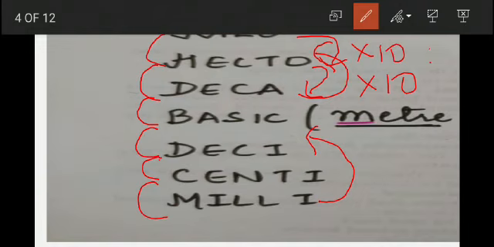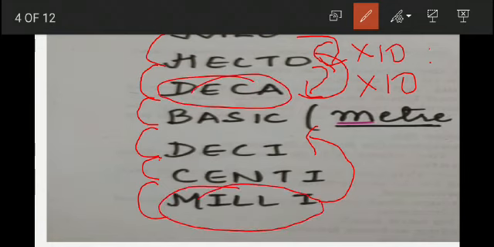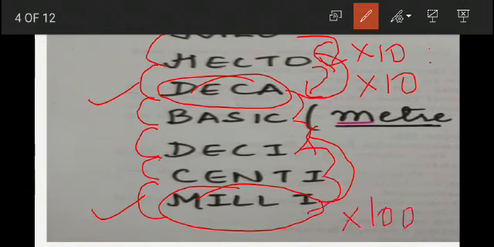Now if the question comes, we have to convert deca into milli, then obviously we are going to convert higher units into lower units, but with which number we are going to multiply. Check how many steps we are going to cover from deca to milli. It is deca to basic 1, 2, 3 and 4. That means we are going to multiply with 1 with 4 zeros, that is with 10,000.